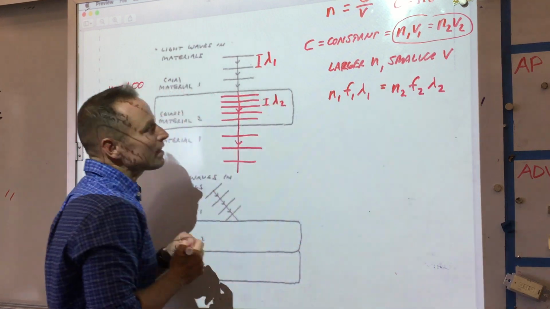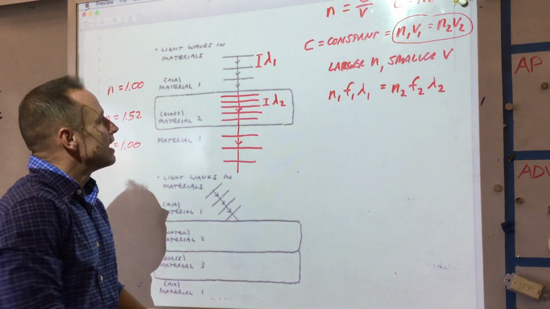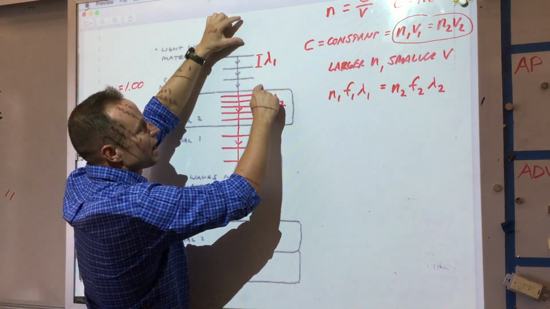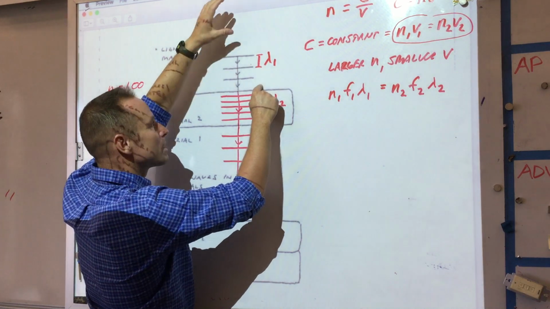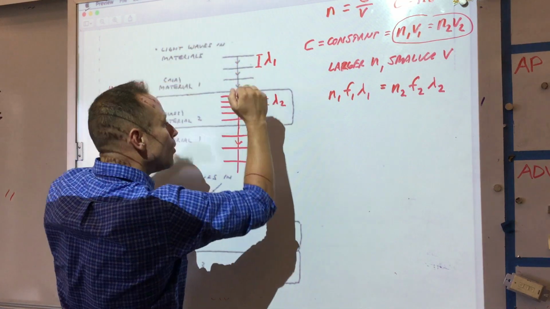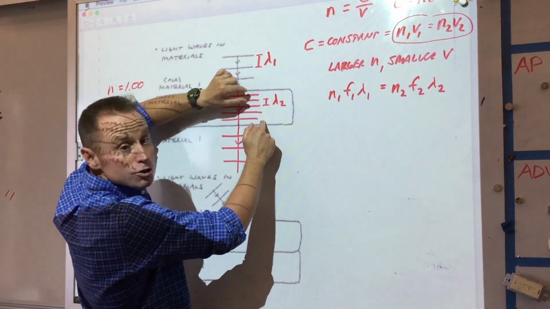Okay? Now let's think about this frequency for a minute. Say you were standing out here and kind of counting the wave peaks as they come by. So the waves are zooming by, and every so often the wave peak comes, pop, pop, pop, they come by. When you're in the material, the wave peaks are closer together.